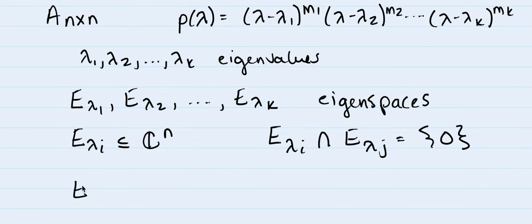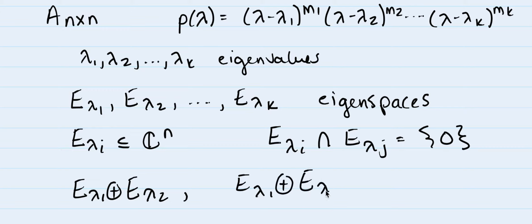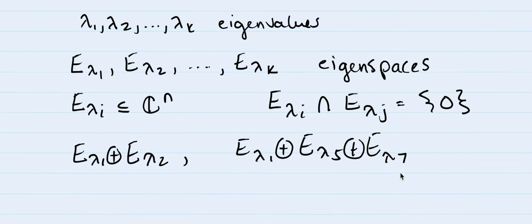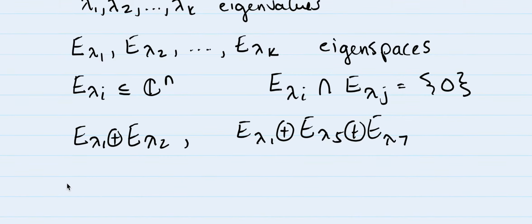So we can say E lambda 1 plus E lambda 2. We could do E lambda 1 with E lambda 5 plus E lambda 7. Or we could add them all. So we could say E lambda 1 plus E lambda 2, and so on.